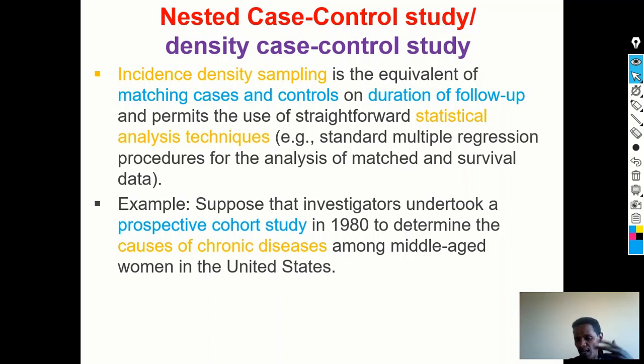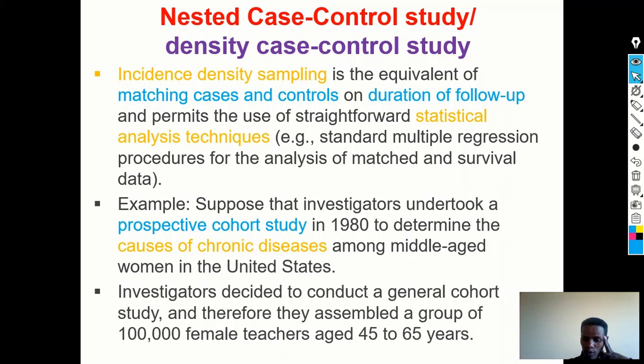The examples are actual studies that I brought from different literature and textbooks. Investigators conducted a cohort study and assembled a group of 100,000 female teachers. The total cohort was around 100,000 female teachers between the ages of 45 and 65.